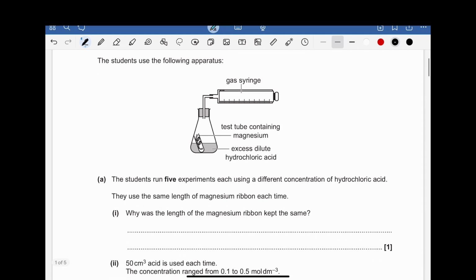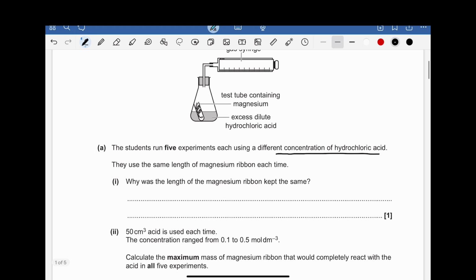A. Students run 5 experiments, each using a different concentration of hydrochloric acid. They use the same length of magnesium ribbon each time. 1. Why was the length of magnesium ribbon kept constant? So that is a control.